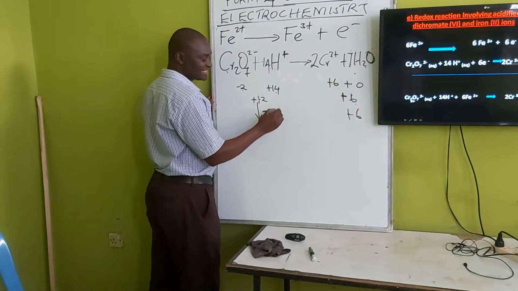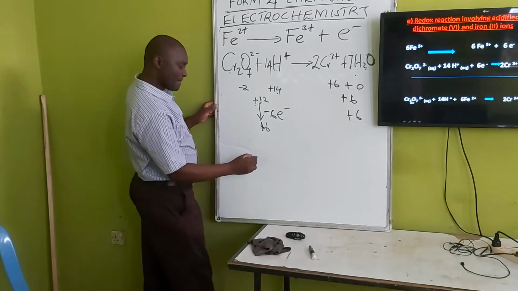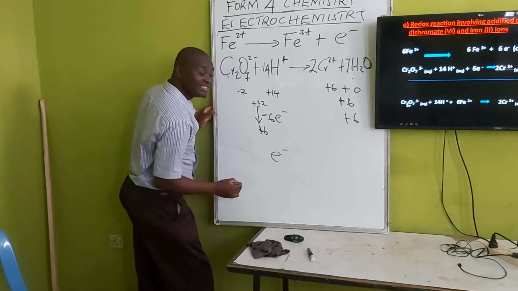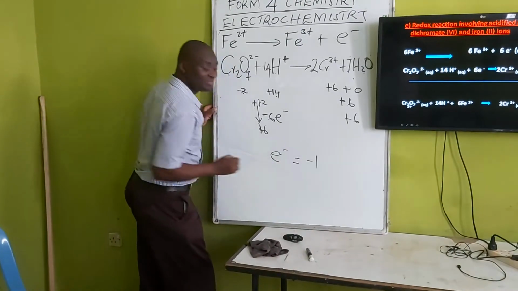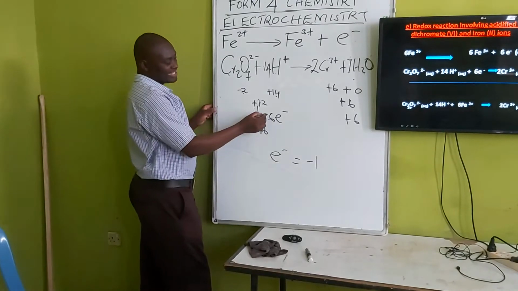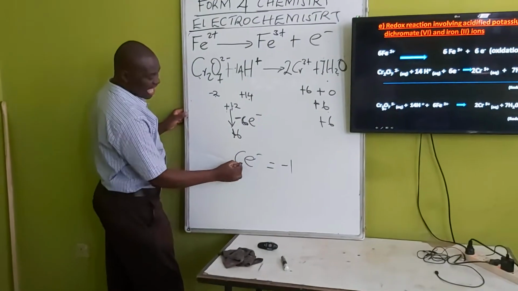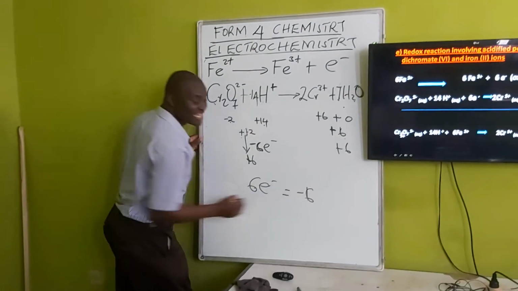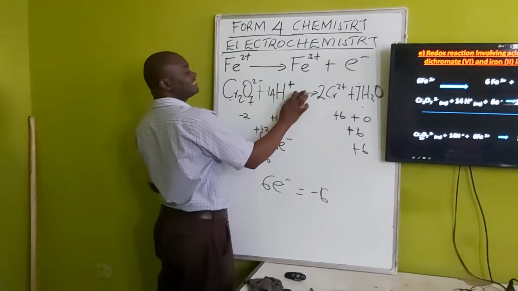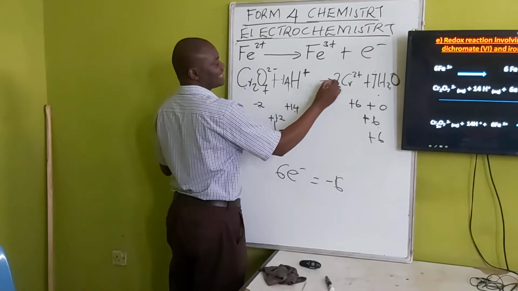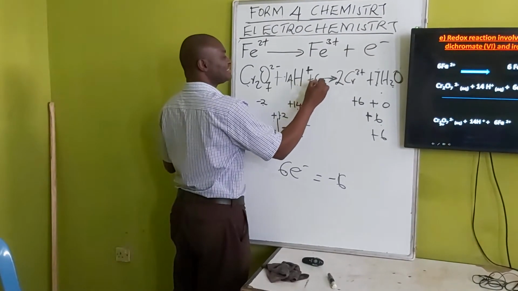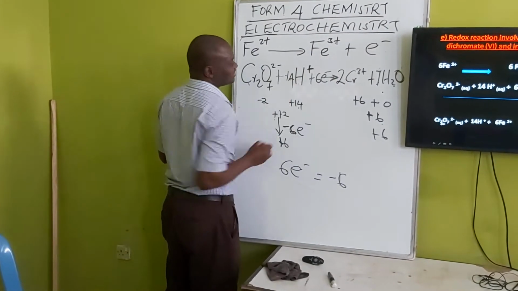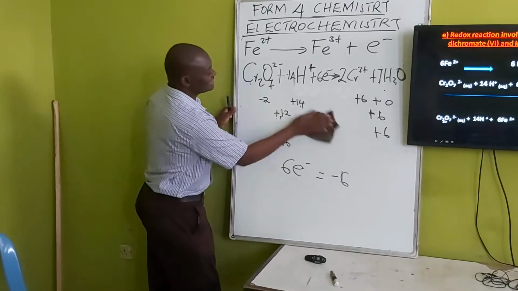So we need 6 electrons. Why? Because 1 electron is equivalent to 1 negative charge. So if I want -6, then I will have 6 electrons, which is equivalent to 6 negative charges. So on the side of the reactants, we must add 6 electrons.